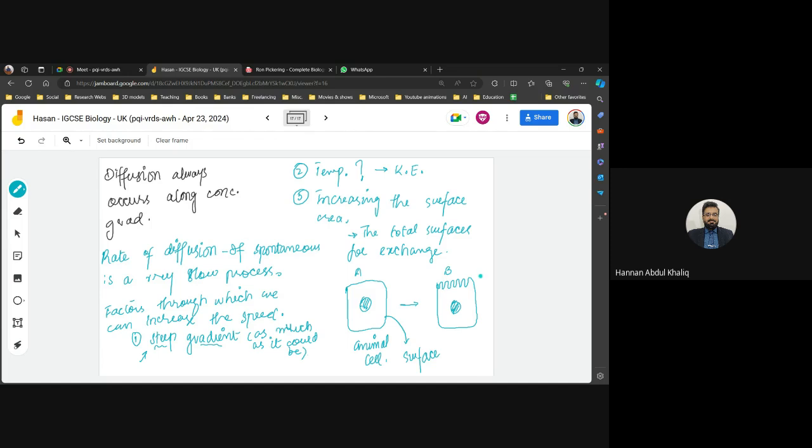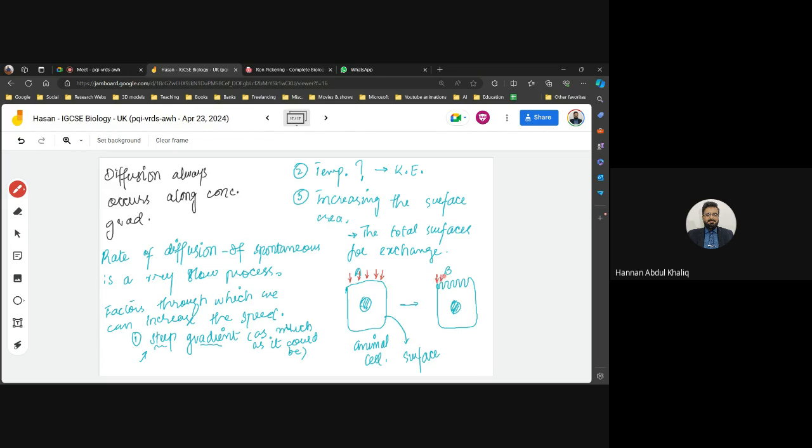When we increase the total surfaces available for exchange of substances, that is when we say we increase the surface area, and whenever we increase the surface area, we can easily increase the rate of diffusion. How? It is very simple, it's common sense. Over here you have only this region for the exchange.